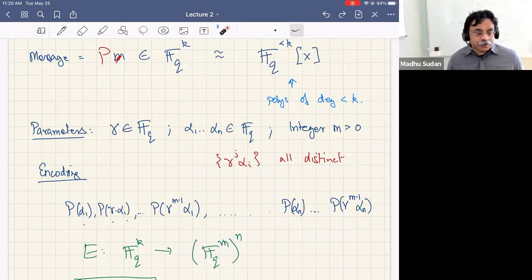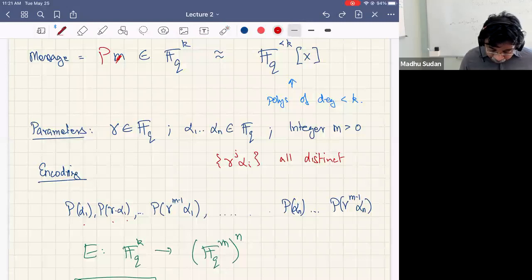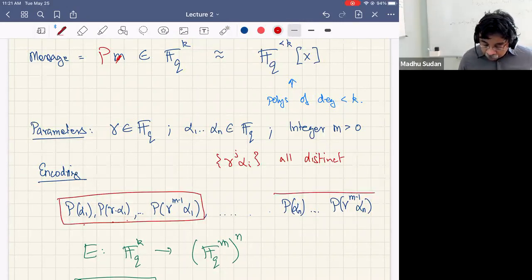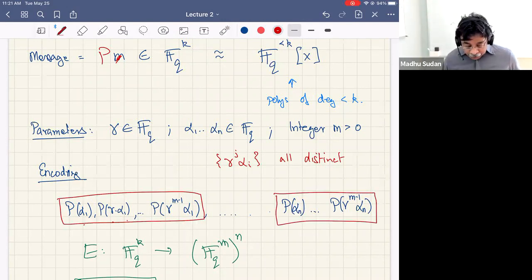I just happen to choose a set of points which are of the form gamma to the j alpha sub i for various choices of i and j. Okay. So far, this is not a new code. Here's how we're going to make a new code out of it. We're going to put all of these things in a single block and call it a single letter of the alphabet. Okay. So m symbols of F_q are now a single letter of the alphabet.